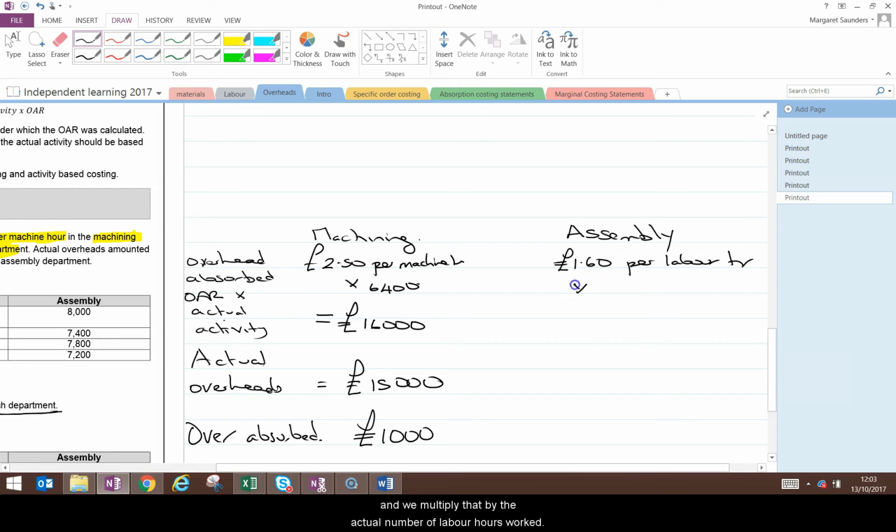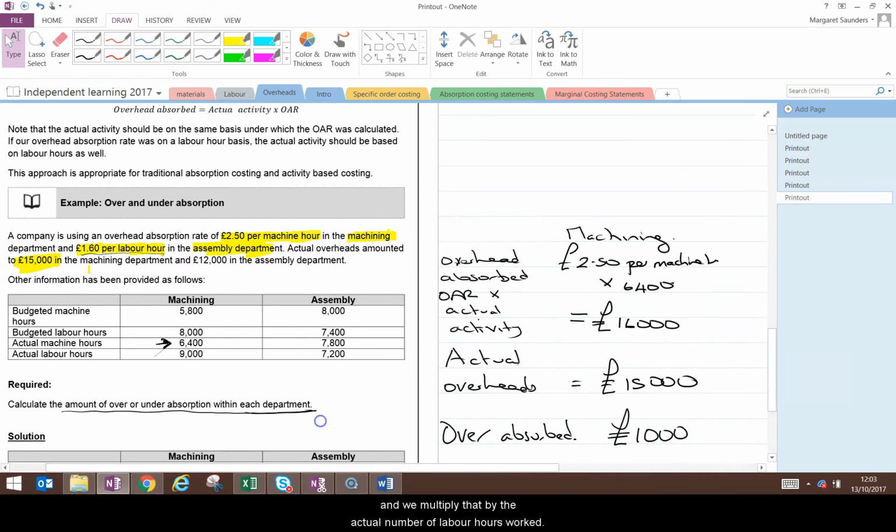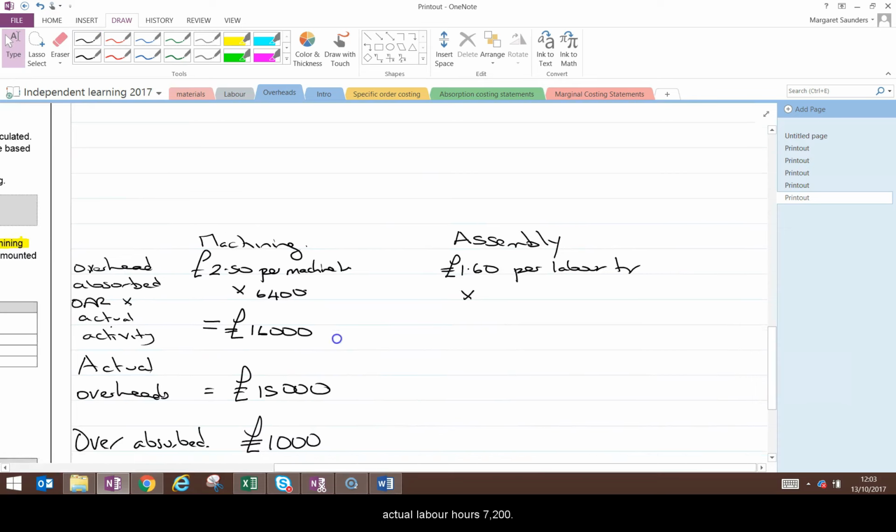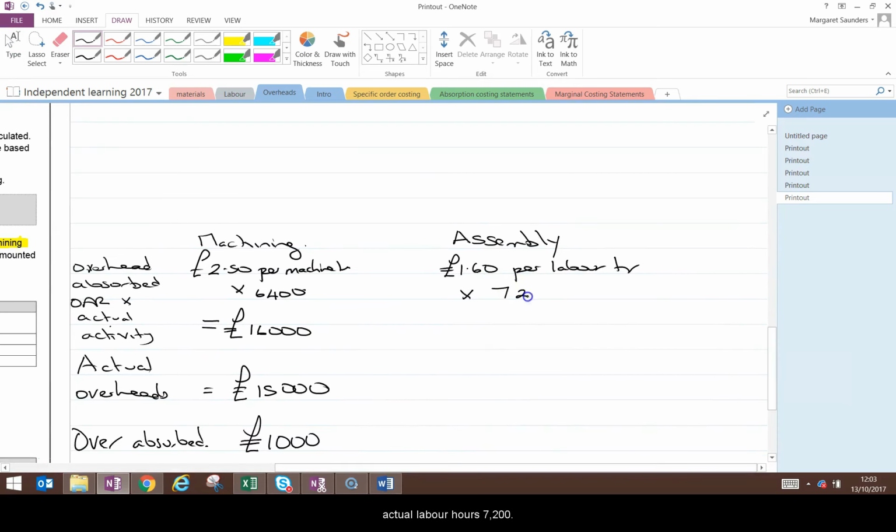And we multiply that by the actual number of labour hours worked. So in assembly, actual labour hours, 7,200. That tells us that we've absorbed £11,520.